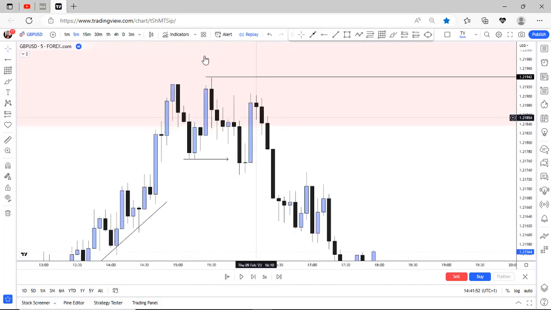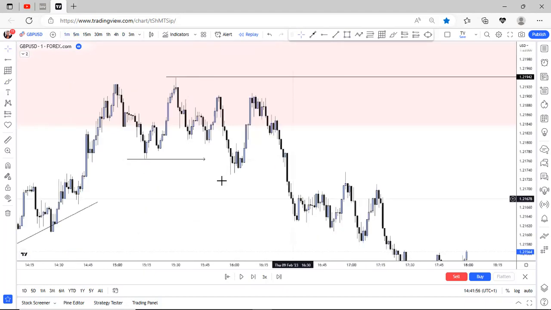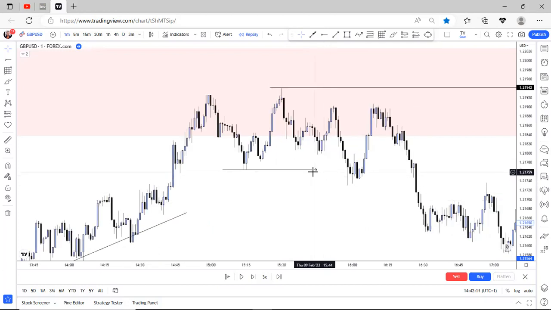And just after that, if you move down to the 1 minute time frame, also make sure after your higher time frame point of interest has been tapped or mitigated, you want to move down to your lower time frames, like any time frame from 15 minutes, 5 minutes, 3 minutes, 2 minutes, 1 minute. You want to go down to start looking for your change of character or break of structure.